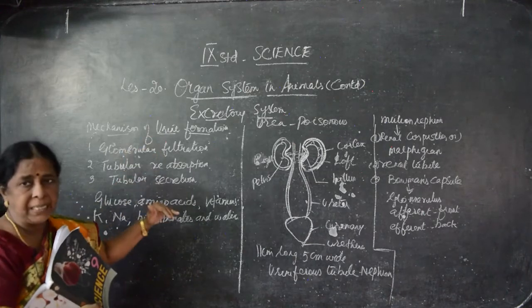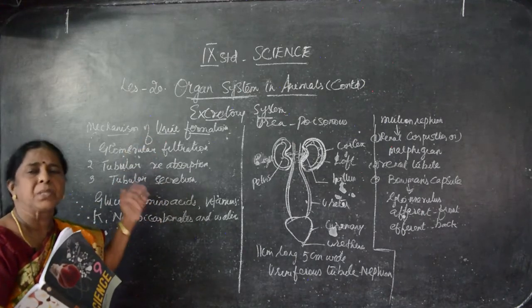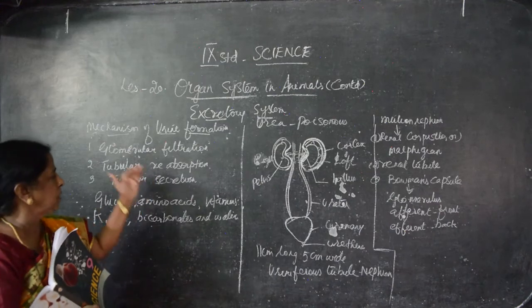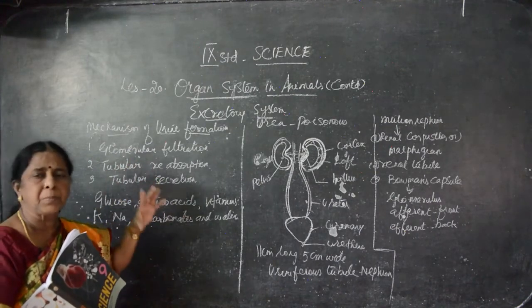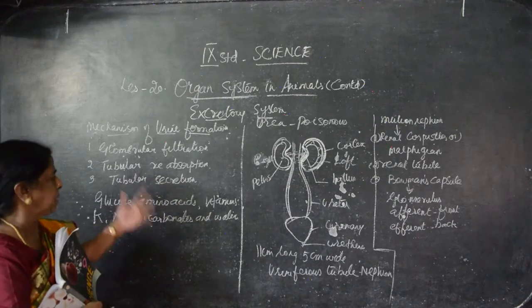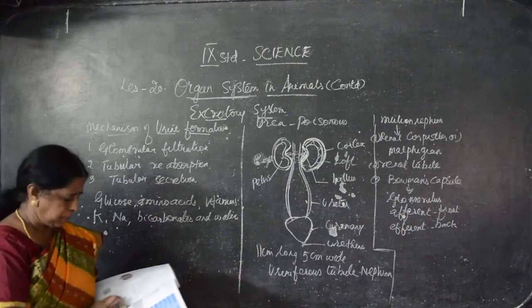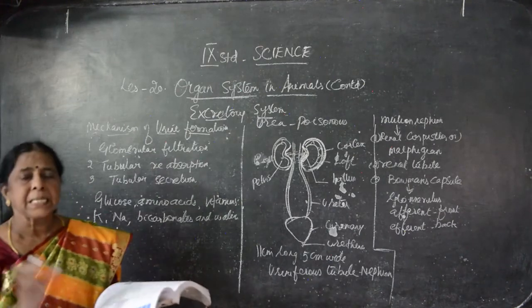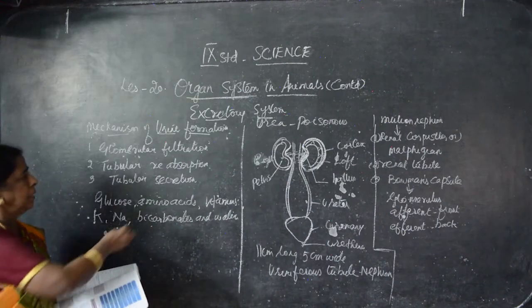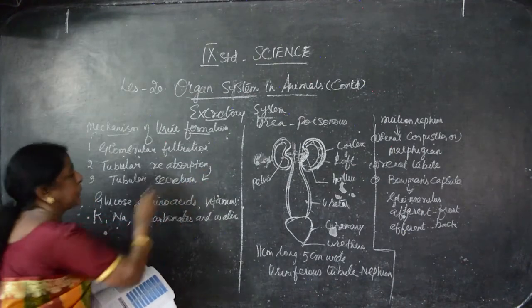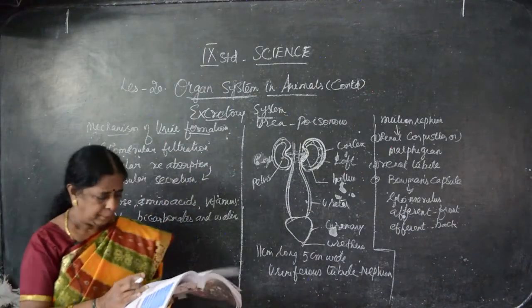First all are filtered. In the filtrate there are essential and non-essential substances. Non-essential are sent out through secretion. Essential are reabsorbed. Reabsorbed means again it absorbs and sends back to the part of the body. That is selective reabsorption. Then tubular secretion. After reabsorption is over, waste materials come to the tubular secretion.